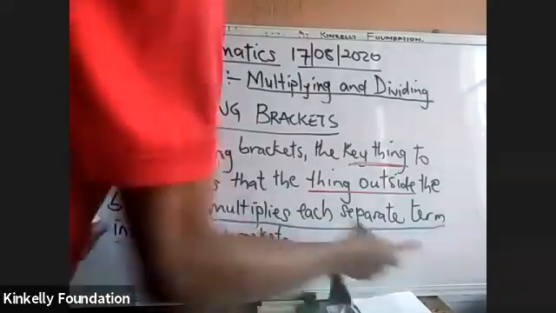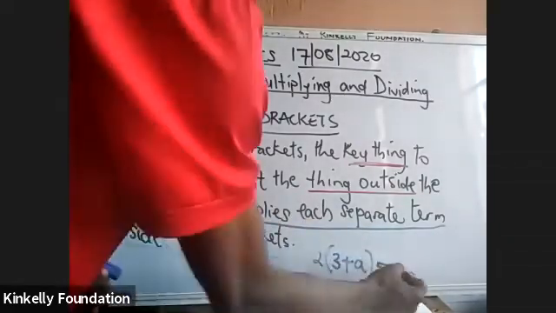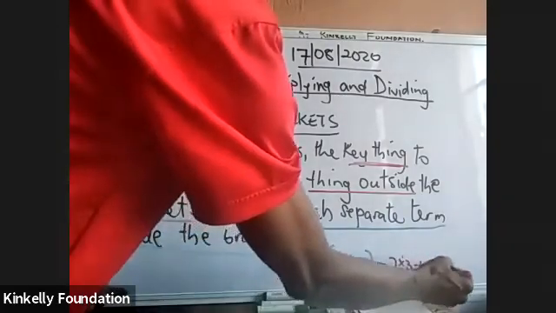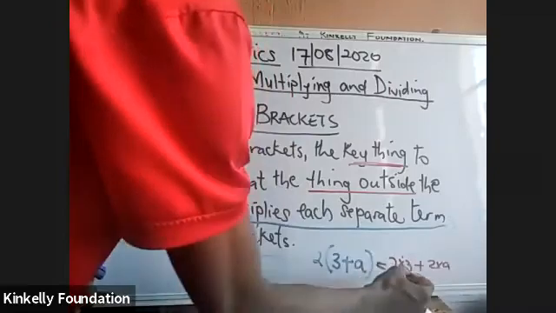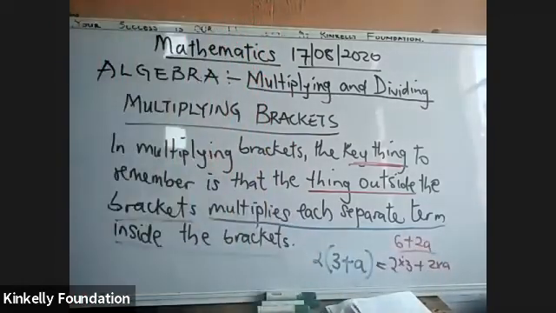In this example, we have 2 times 3 plus 2 times a to give us 6 plus 2a. So this is what we are going to look into at this time.